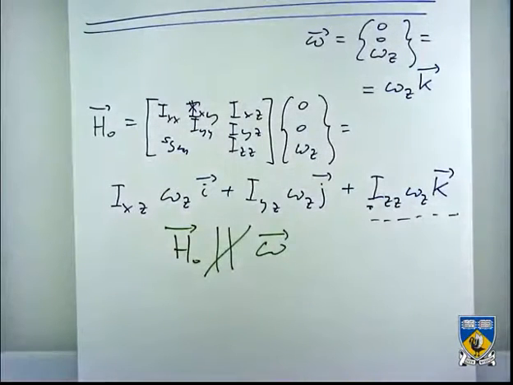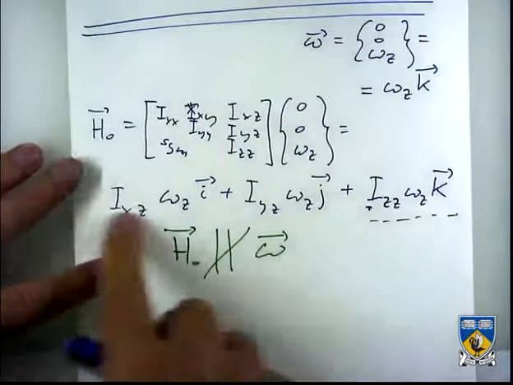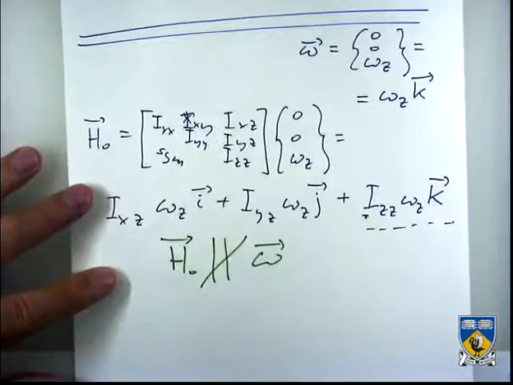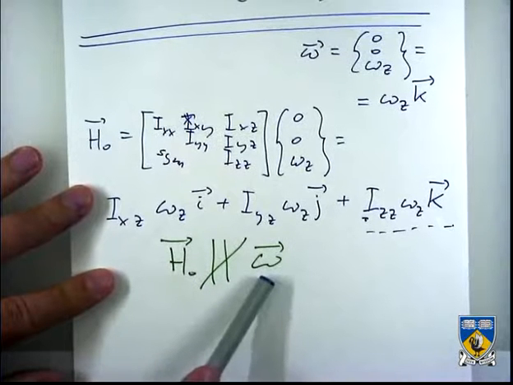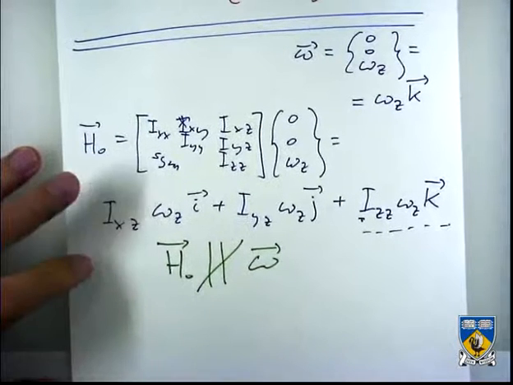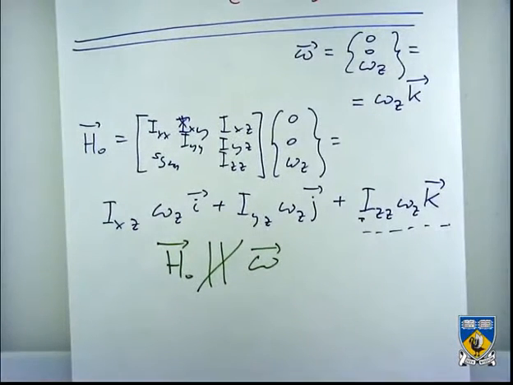But for a body of a general shape, you see this, and suddenly you realize that angular momentum is not parallel to angular velocity, which is the situation totally different to translational motion, when obviously momentum is parallel to velocity of the center of mass, but not for rotation.